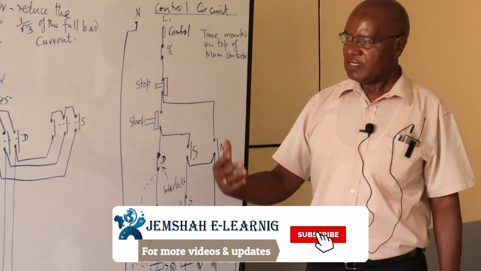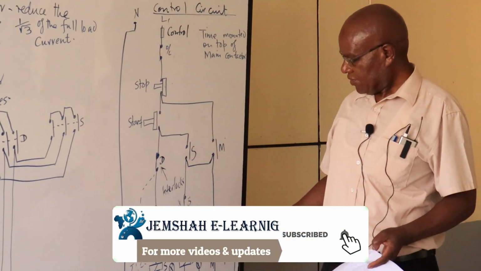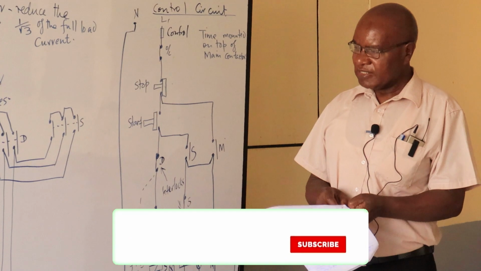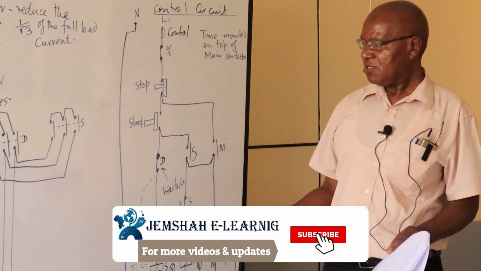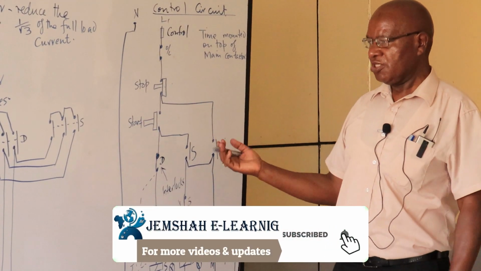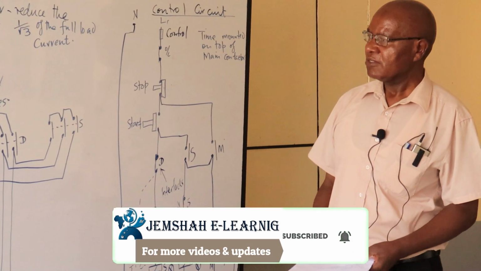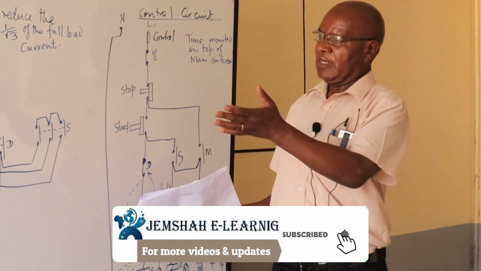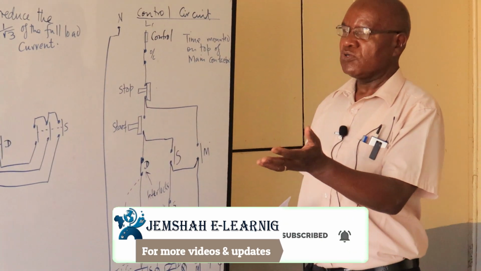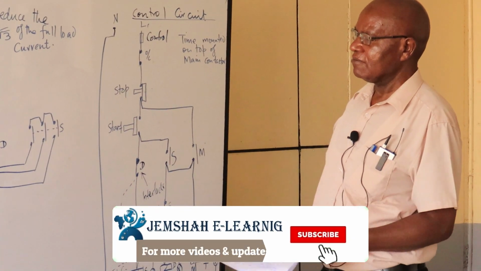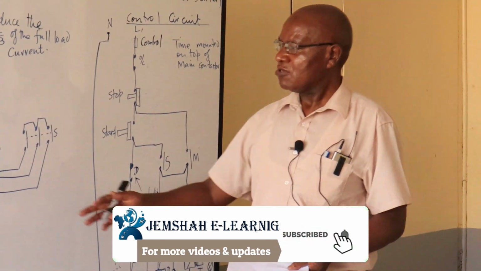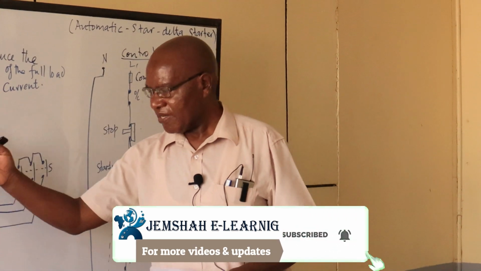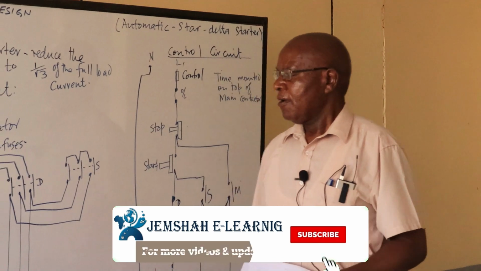So get the manufacturer's setting for how long it should run in star before you change it over to the delta. So this kind of method is adopted for most large motors when you want to start them, the star delta starter. Remember, the contactors will determine the values of the currents for your motor.